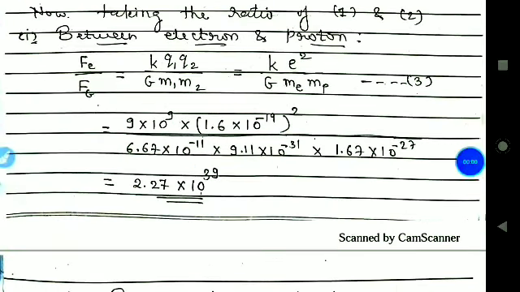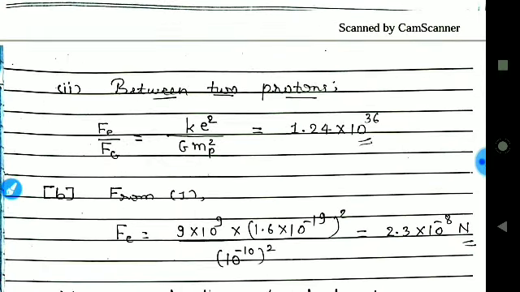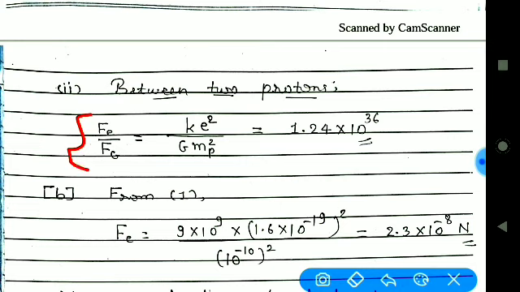So here in this first part we have considered the two charged particles, one electron and the other proton. Now in this second part again we are going to find the ratio between the electric force and the gravitational force.